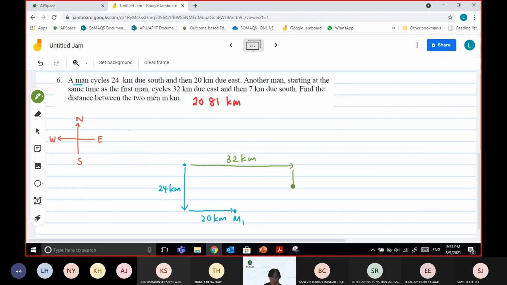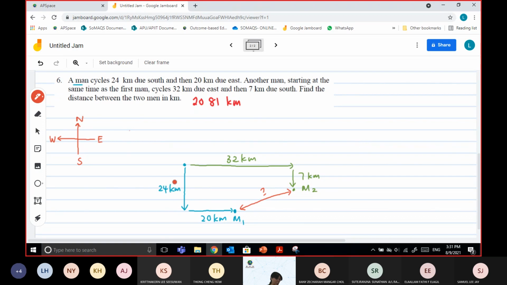So let's say here, 7 km. This is the location for the second man. Now find the distance between the two men. So this is the distance that you need to find.